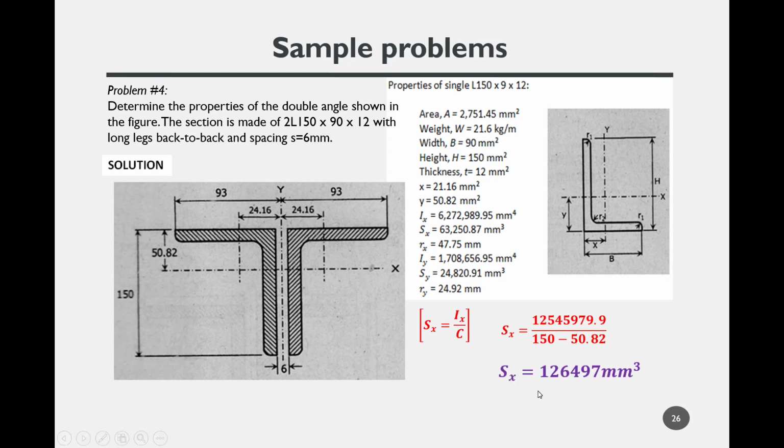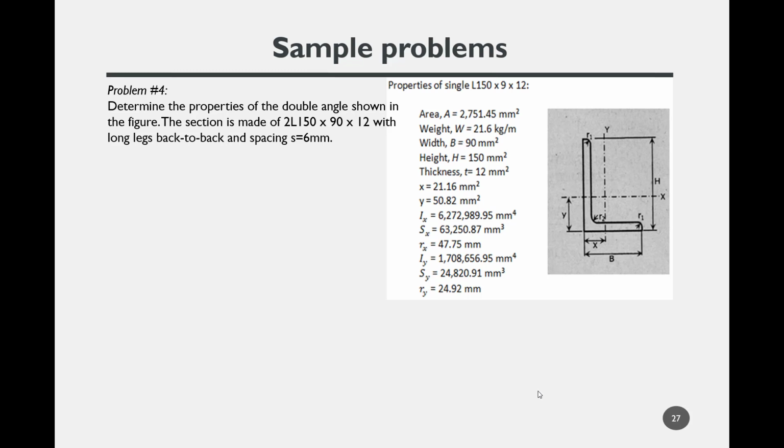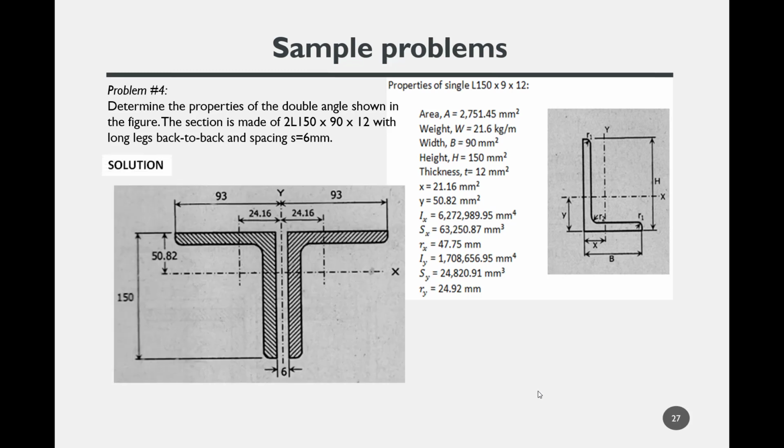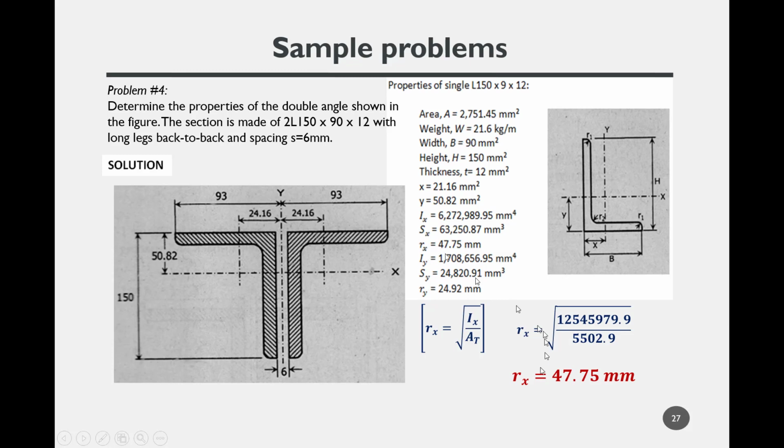Okay. For the Sx, so we have here Rx. Substitute the value. And then the area, we have the 47.75 millimeter. Yun ang makukuha natin. So, nakuha din yan, no? Parehas din.